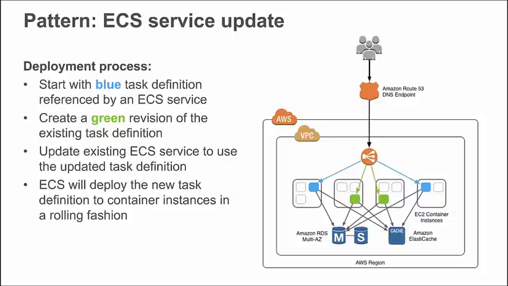So there's a lot of flexibility here in how you roll out a revision of a new task definition for a currently running service. When it's all said and done, you should see that the ECS service will be fully updated and running only green tasks according to that new green task definition.